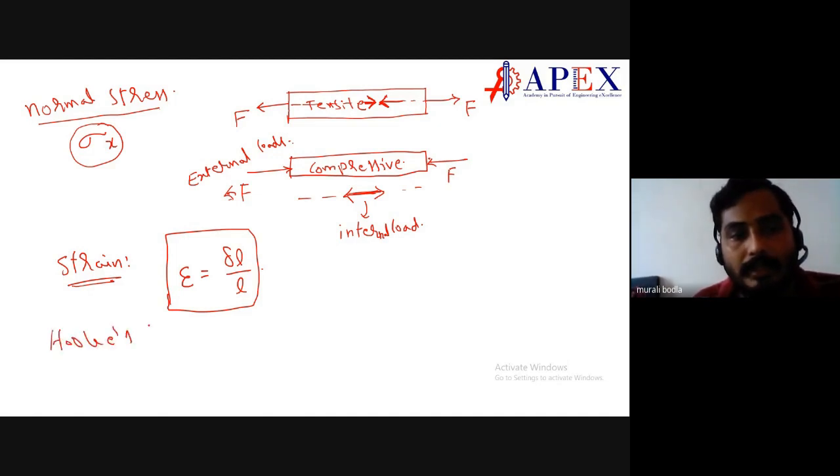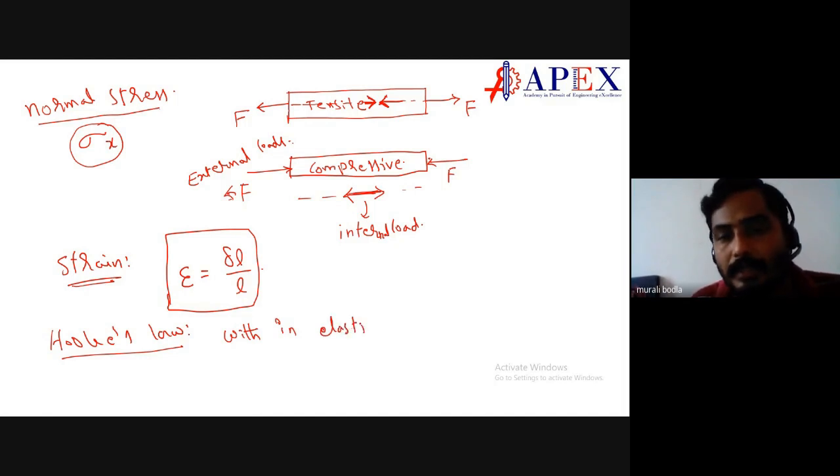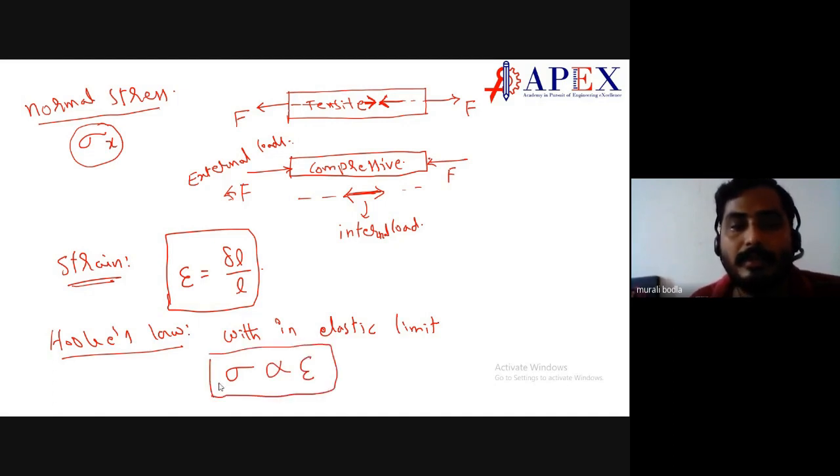What he says is that within the elastic limit of the component, the stress is directly proportional to strain. That is how he defines it. Okay, and the proportionality we cannot use in engineering applications, so we define that proportionality with a constant: sigma is equal to E times epsilon.